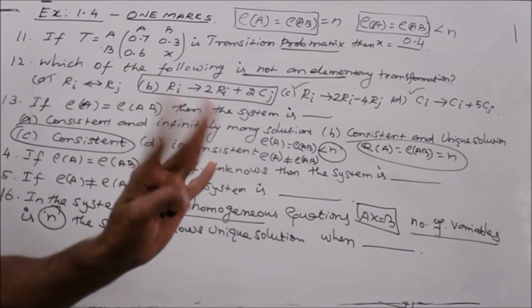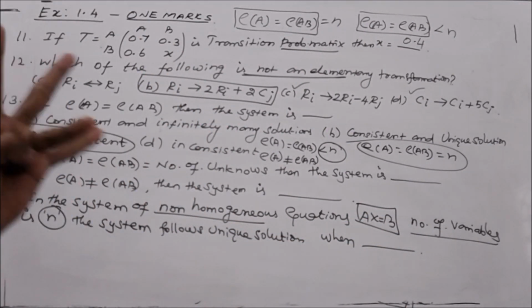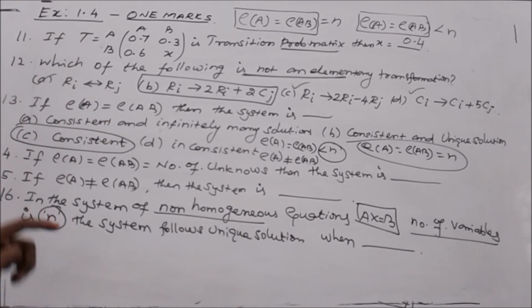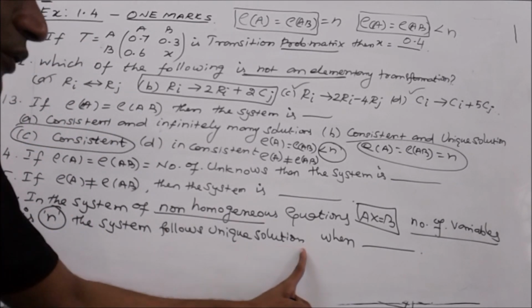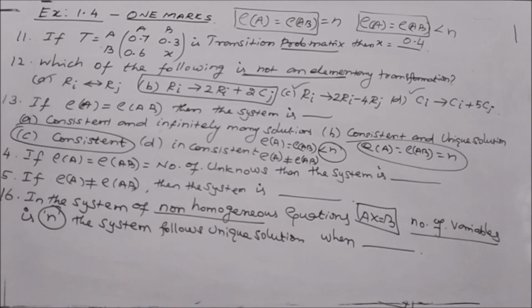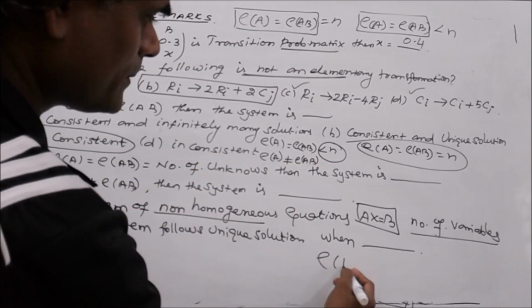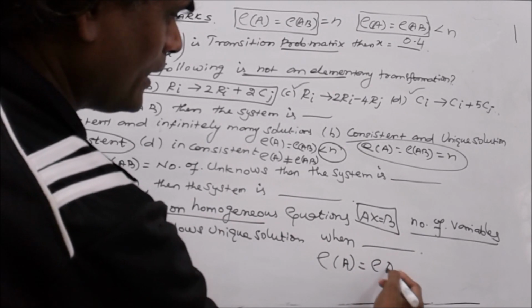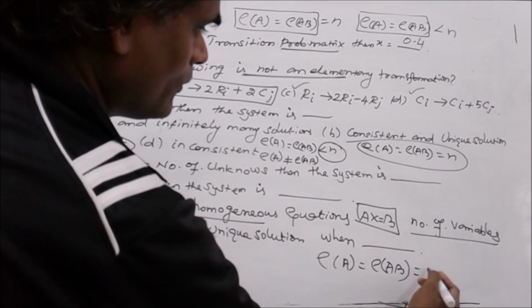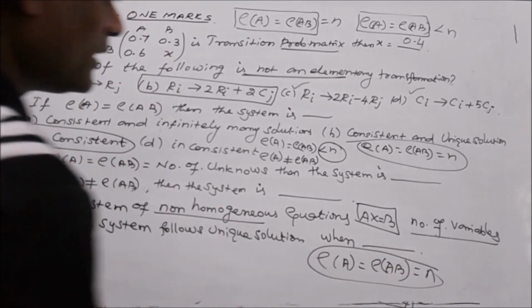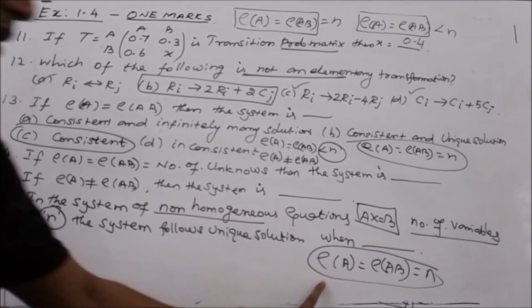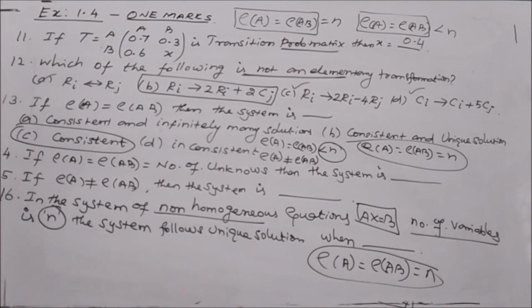That means x, y, z, etc., that is x1, x2, x3, etc. n number of variables here. The system follows a unique solution when, for unique solution, we have rank of A equal to rank of AB equal to the number of unknowns. When rank of A equals rank of AB equals n, the system follows a unique solution.